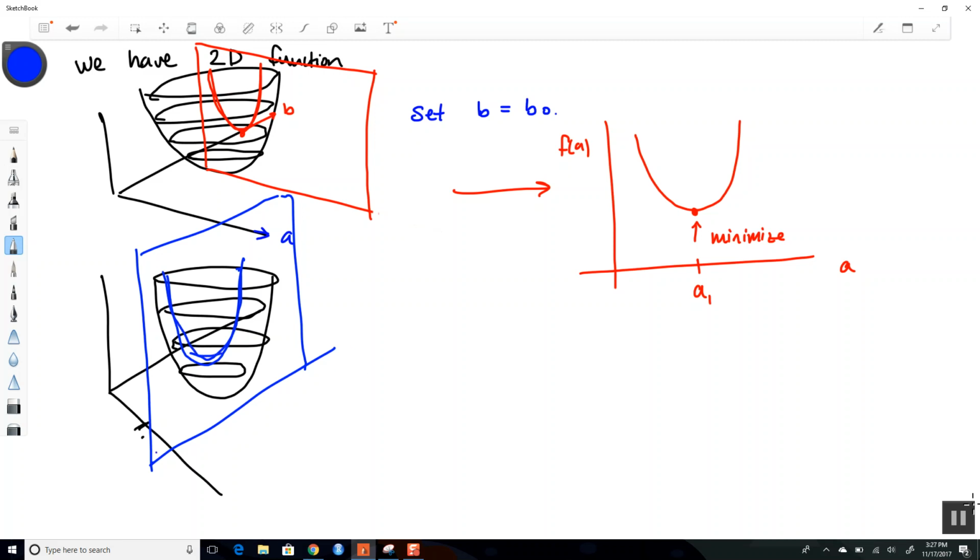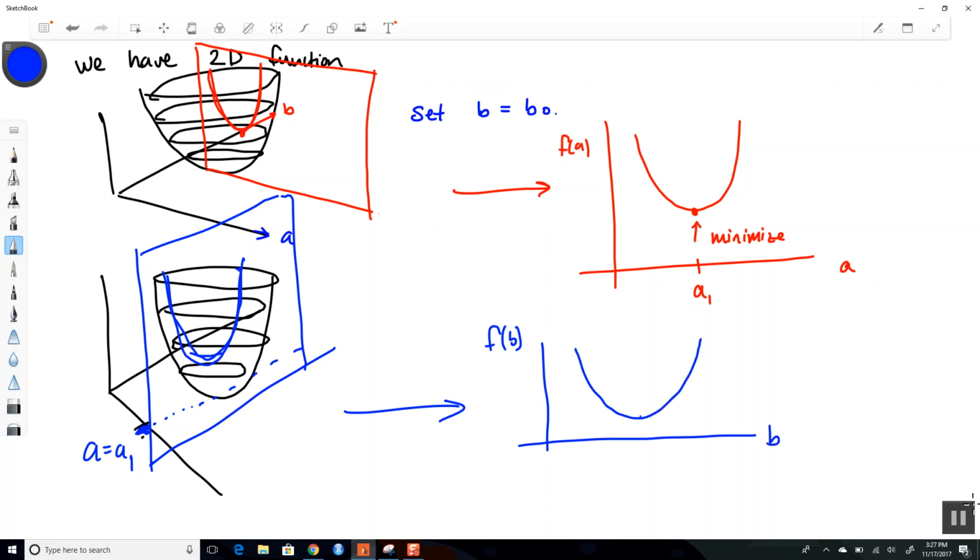So this is at A equal to A1. Okay, so this is now a function of B, and we've got a parabola, and we will minimize it right here. And that will be B1, okay?